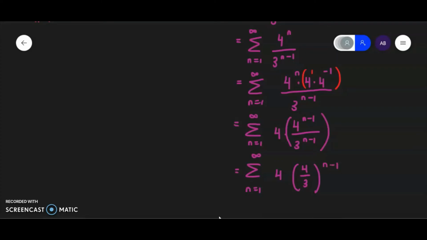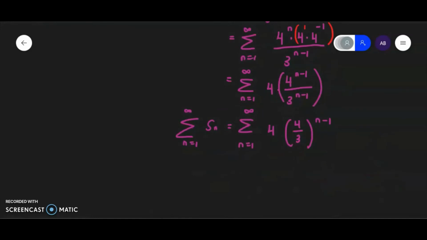Okay, so this is the series that looks like a geometric series, a times r to the power of n minus 1. So what is a? We know that a is 4 and r is 4 over 3. Okay, the question doesn't want you to find the sum of the series.